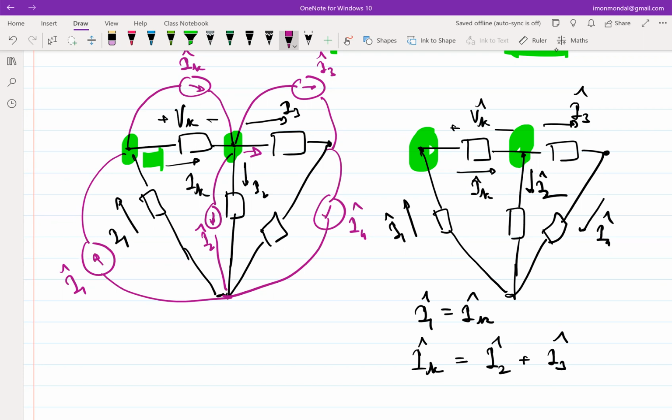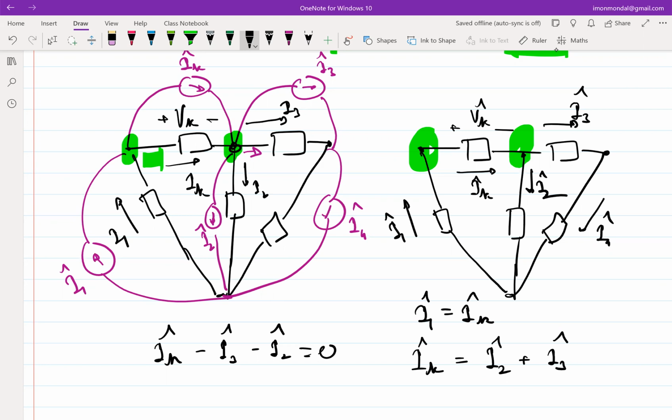How much is the total current that I have added at this node? The total current that I have added is Ik hat minus I3 hat minus I2 hat. Essentially, this is equal to 0, because KCL was satisfied for these values of hatted currents on the network on the right. For the other network, by having the KCL, we are essentially putting that.